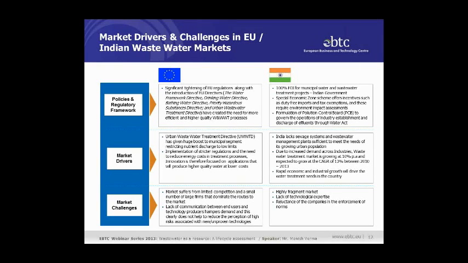The drivers in Europe are largely regulations. In India, that is also the case, but there is also the issue that regulations don't always lead to success in terms of new technologies coming in because of a fragmented market and a difficult to work environment.